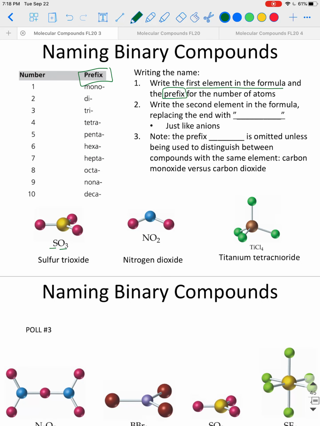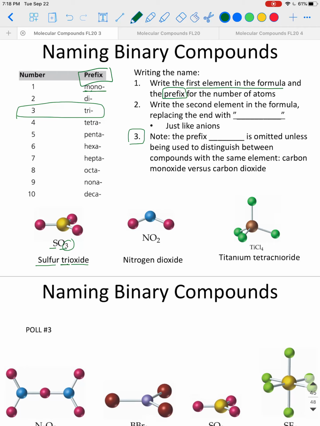So we just have 1 sulfur. Now, typically you would write mono, but we actually have an exception for that down here. I'll get to that in a second. So we write the less electronegative element first. Then you write the second element, the more electronegative element, oxygen. And we're going to put the prefix tri, because there's 3 of them, and the prefix for 3 is tri.